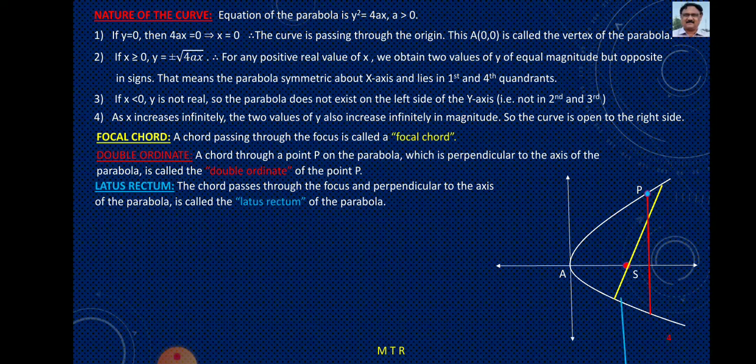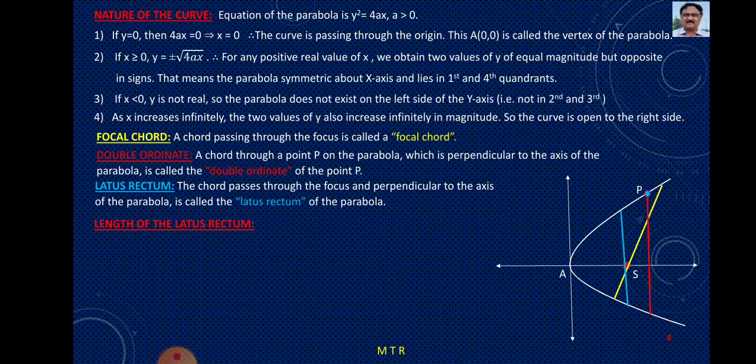You observe this chord. This is also a chord, but it passes through the focus and is perpendicular to the axis. So here we have three chords. Yellow is the focal chord, red is the double ordinate, and this one is the latus rectum.